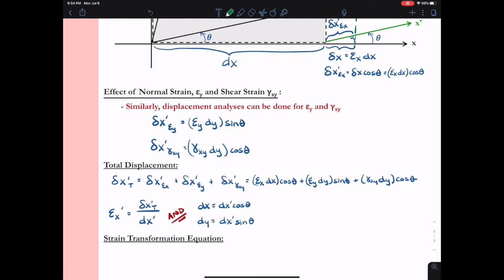If I substitute dx, dy, and the value for delta x prime total and do a little bit of algebra, you'll see that I have dx primes in the numerator and a dx prime in the denominator, so those will cancel out. And now I can write my expression for epsilon x prime.